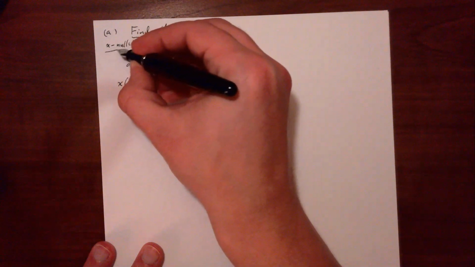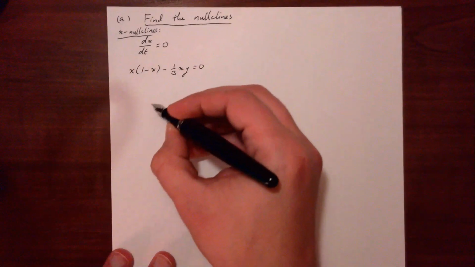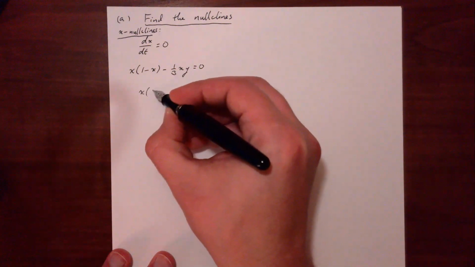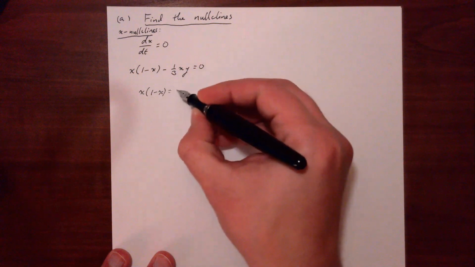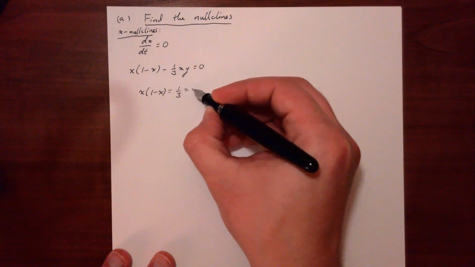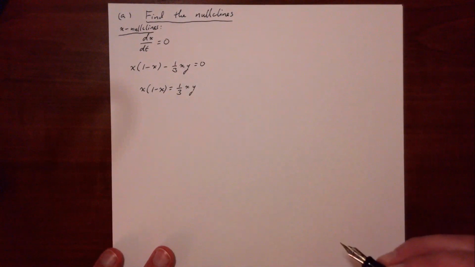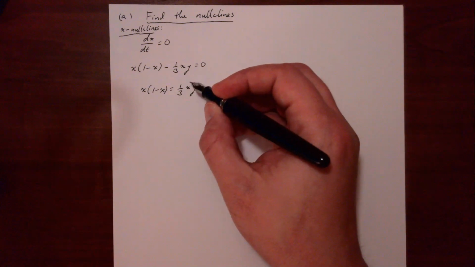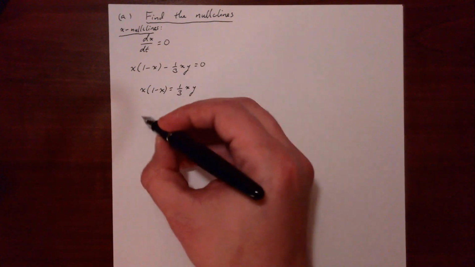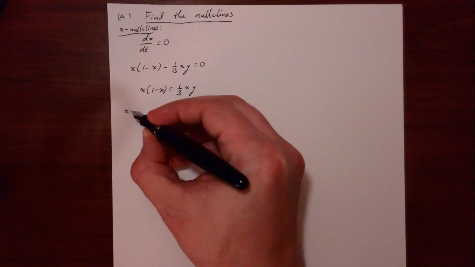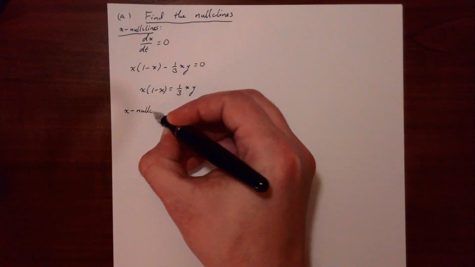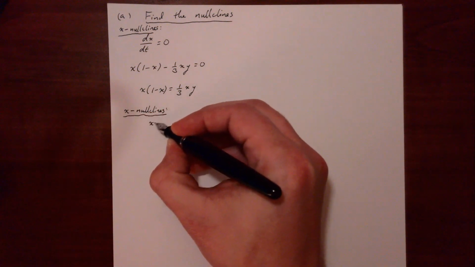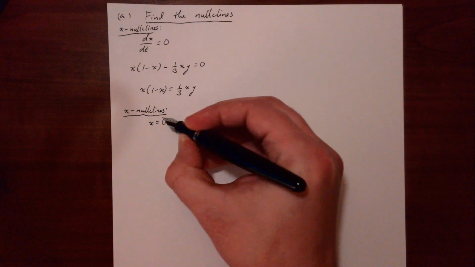And then if we manipulate this a little bit, we would get, for example, x times (1 minus x) equals 1/3 xy. Now, one obvious way that this equation could be true is if x equals 0. So the x nullclines, one of them is just going to be at the curve that is represented by x equals 0.